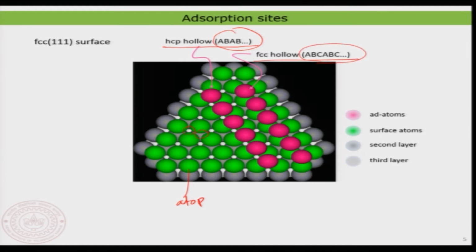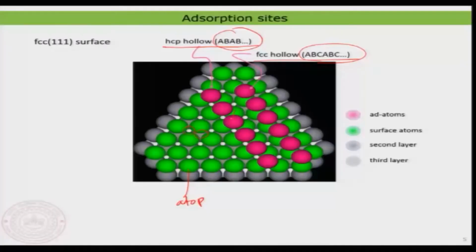So, that is basically the point. These sites are not equi-energetic in terms of their adsorption. Depending on the material, there can be slight differences in the energy, but they are very close in terms of coordination, because both sites would offer 3 coordination to the atom that is adsorbing on the surface. So, that is the key point here.